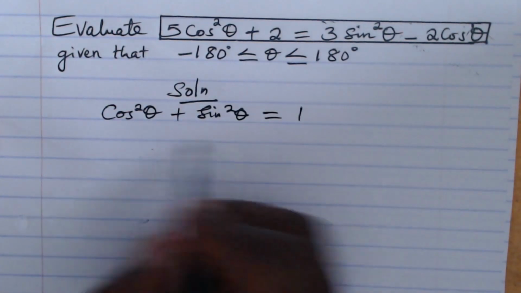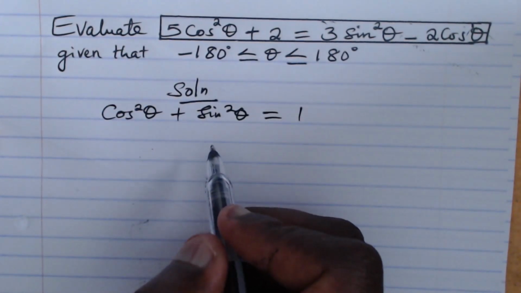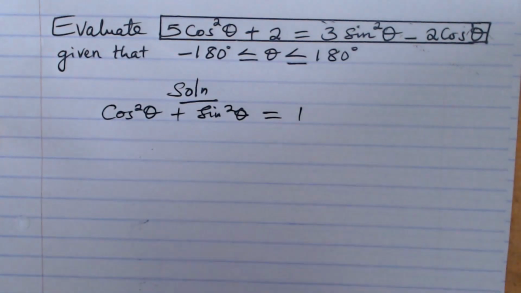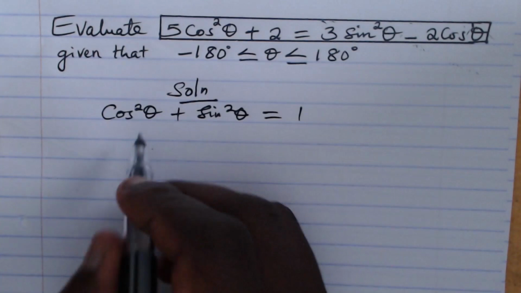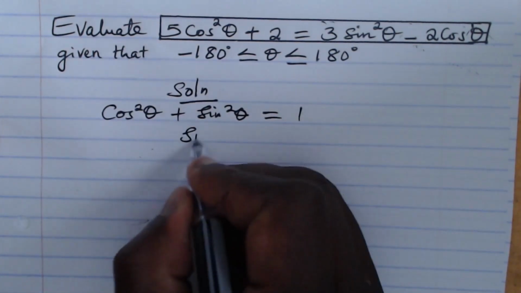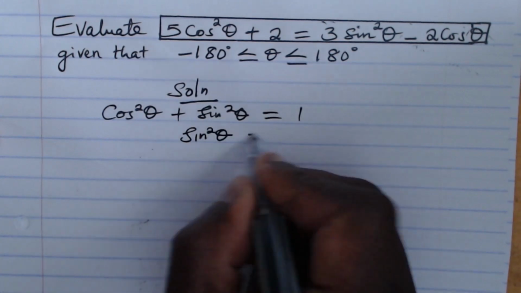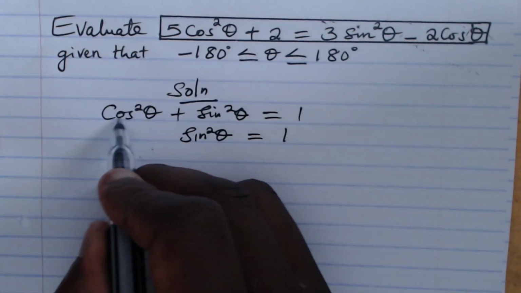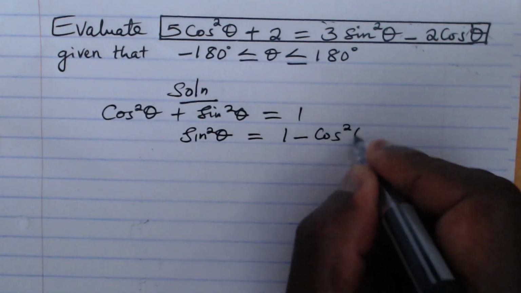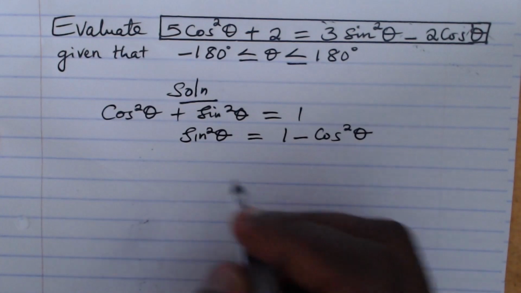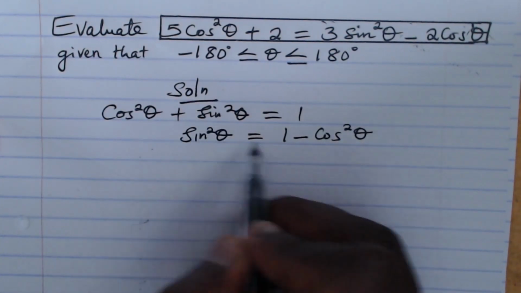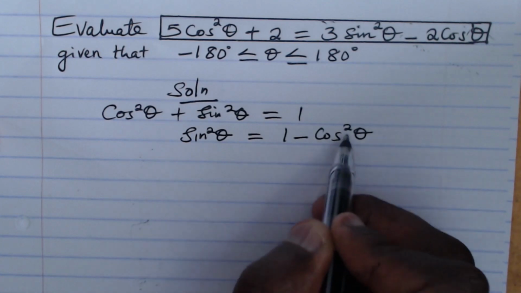Since I want to express sine squared theta in terms of cosine, I take cosine squared theta to the right hand side, and I have sine squared theta is equal to 1 minus cosine squared theta.